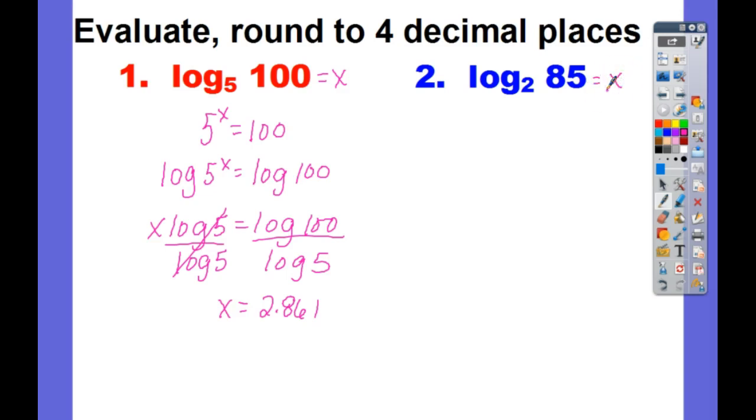If I put it equal to x, stop yawning. You're having fun. Let's not be yawning yet. You're fine.